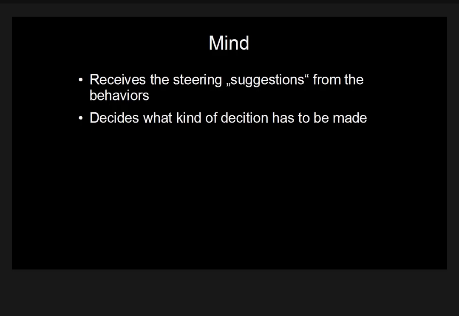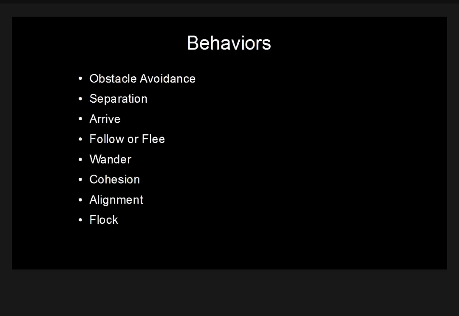Let's see what behaviors are out there. Yes, this is a list of the important behaviors. This is obstacle avoidance. For example, obstacle avoidance is, as the name implies, used to avoid obstacles, and then we have a separation behavior.